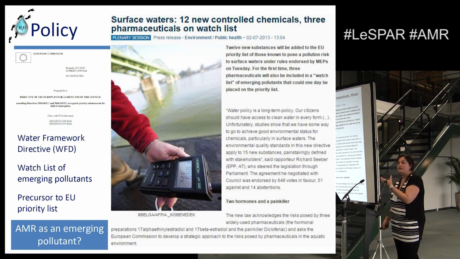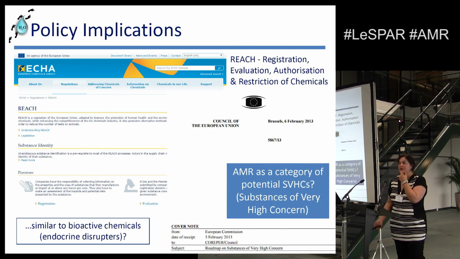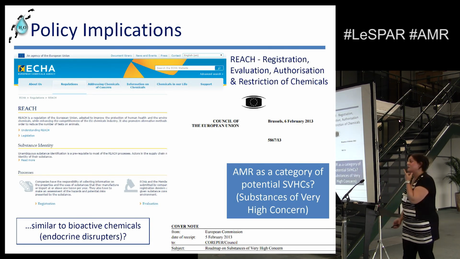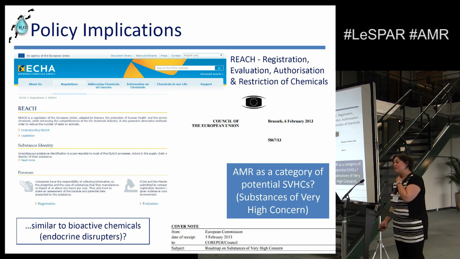Are we moving towards that? Maybe not today, maybe in a few years, because that has huge implications. It can potentially have implications on REACH, so registration, evaluation, authorization, and restriction of chemicals. Could it be a category of potential substances of very high concern, similar to bioactive chemicals or endocrine disruptors, which are seen in a separate category?